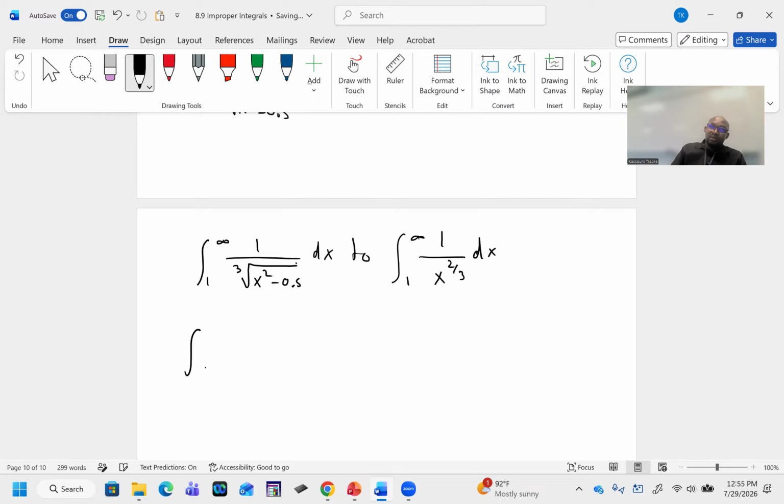The integral from 1 to infinity of 1 divided by x to the power of 2/3 dx is the same thing as the limit as a approaches infinity of the integral from 1 to a of 1 divided by x to the power of 2/3 dx, right? So I can use my substitution again.